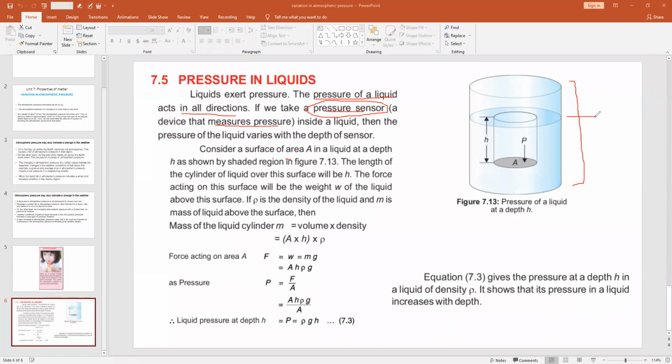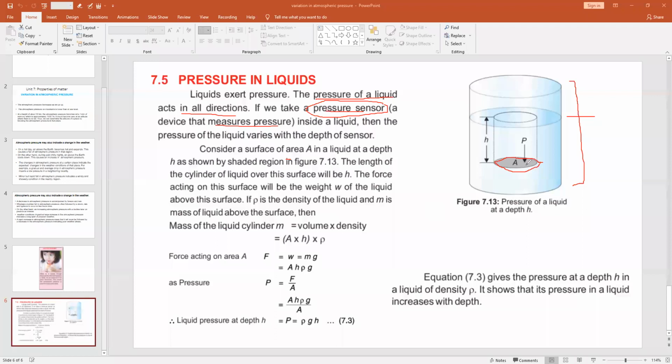To calculate the pressure we have to choose a certain area, because you know that pressure is equal to force per unit area. So we need some area on which the pressure can be exerted. We choose this shaded area to calculate the pressure.